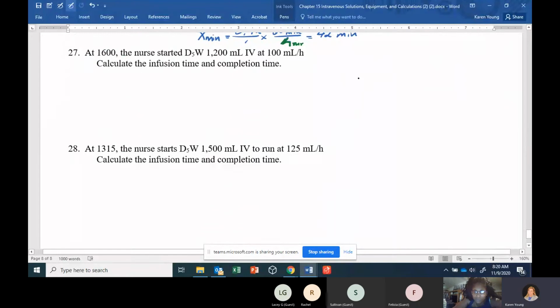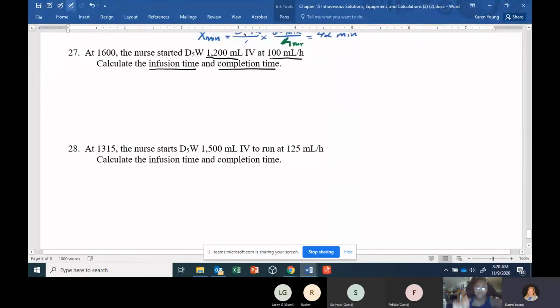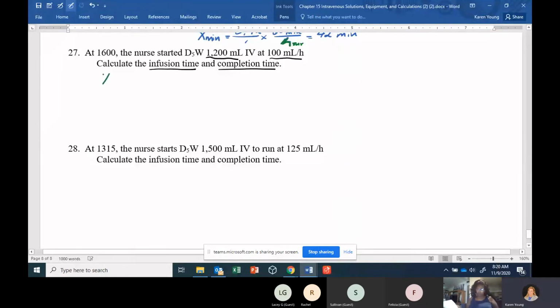At 1600, the nurse started the IV, which is 1200 milliliters at 100 milliliters per hour. So this time we're going to calculate the infusion time and the completion time, which is the same thing we just did on 26. So to calculate my infusion time, I'm looking for hours.